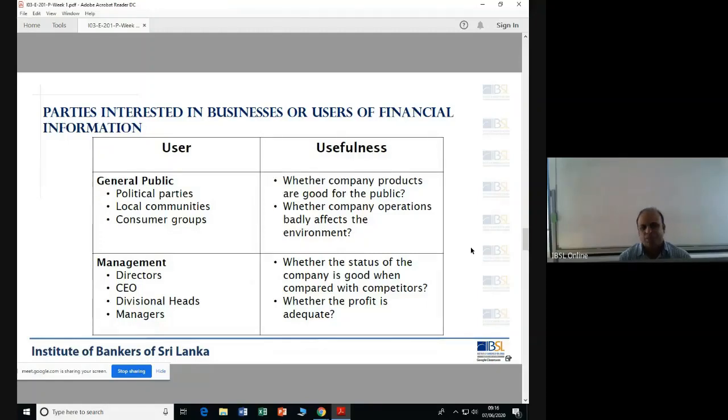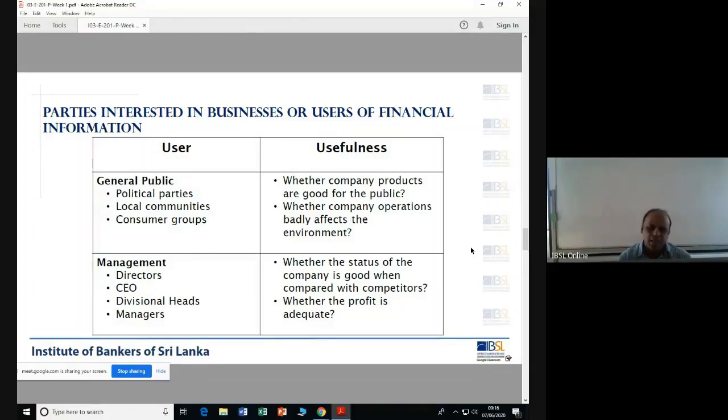No. So what do the shareholders do? They appoint a set of people to run this business. The first category that they appoint are called the board of directors, or the directors. The directors are the people who are going to run the business on behalf of the shareholders.